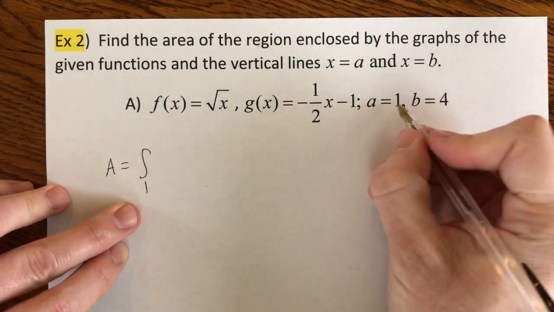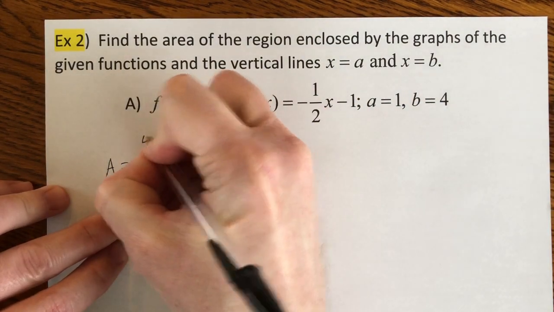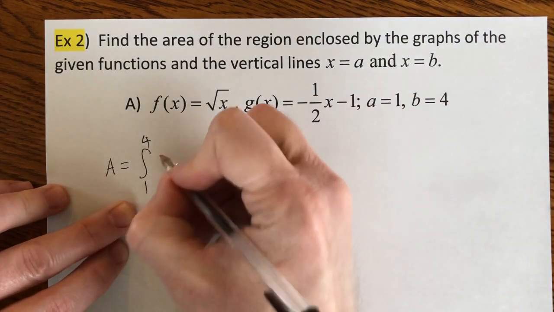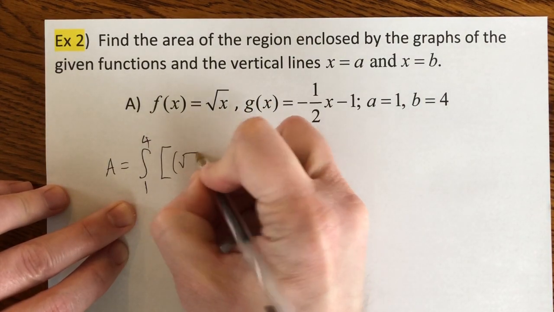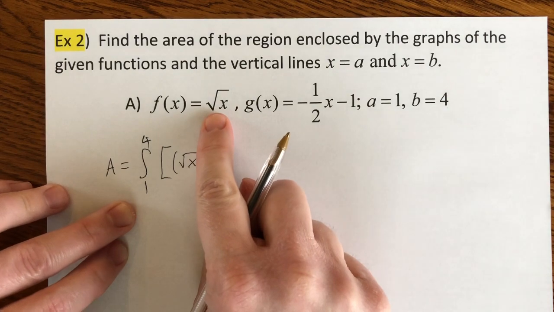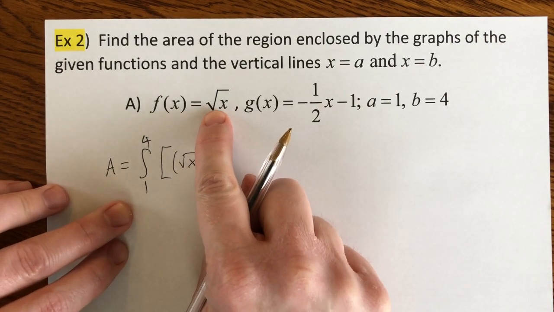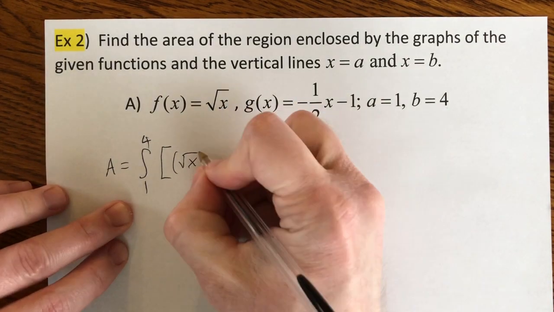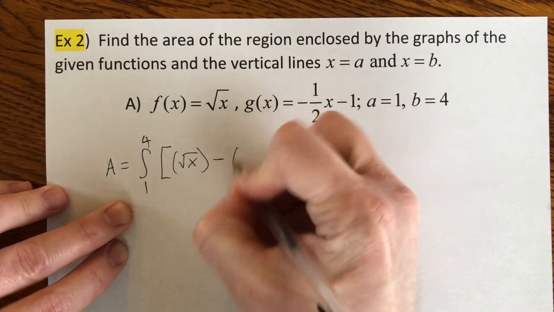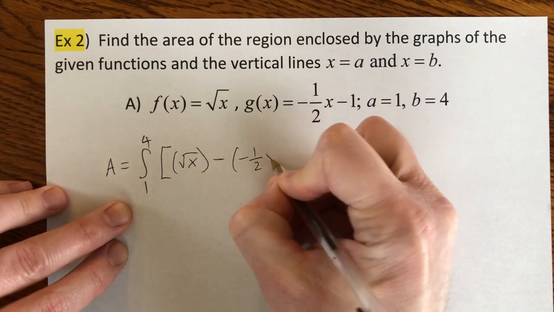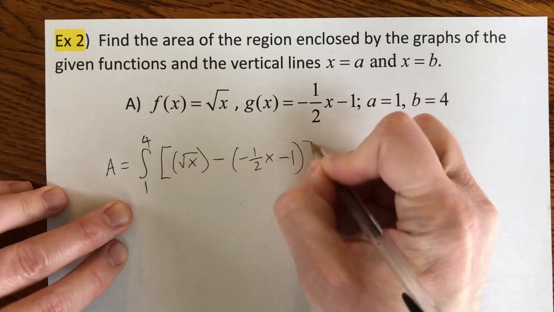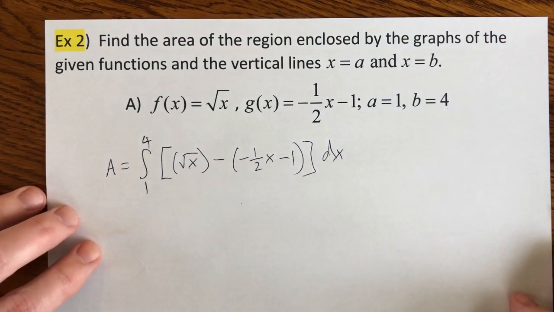Lower limit of integration is 1. Upper limit of integration is 4. Now we will put radical x first, because again, the graph of that function was above the graph of this function. So the graph that was below goes second, and it will look like this. And there is our setup.